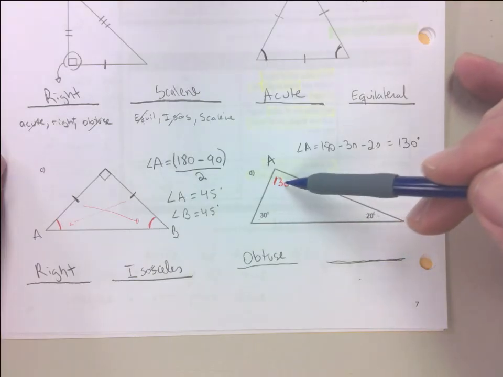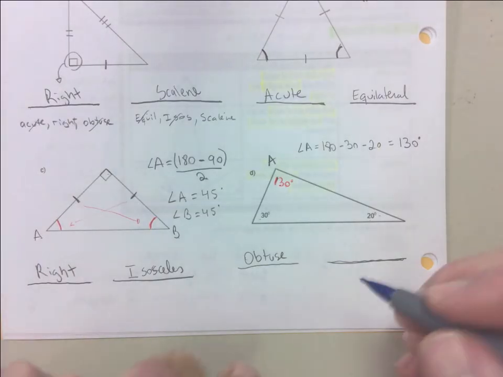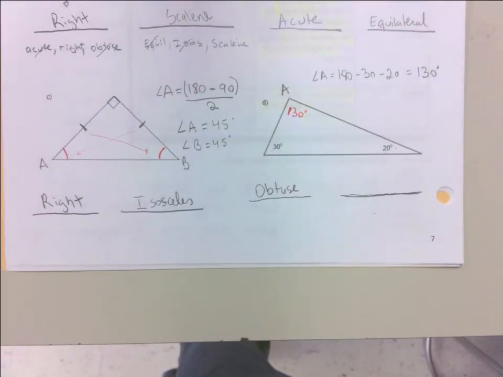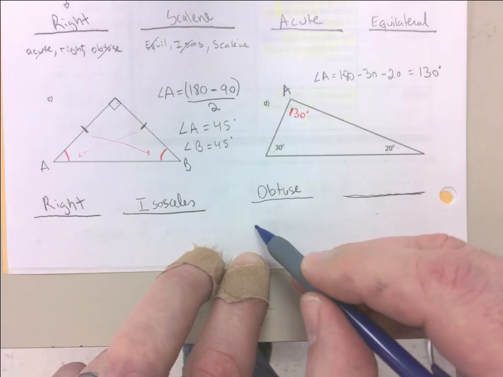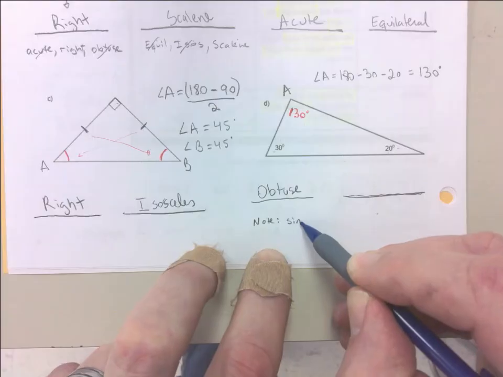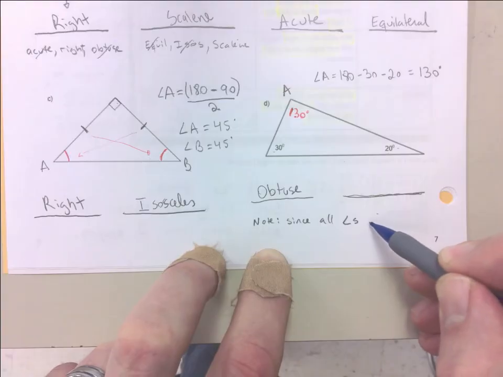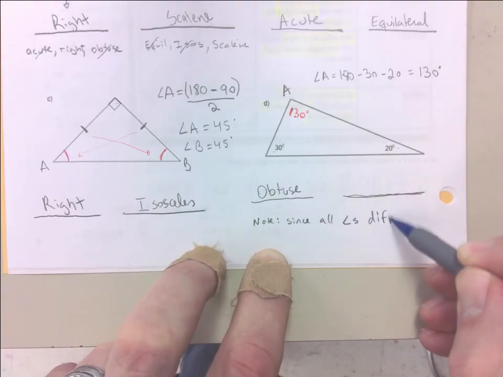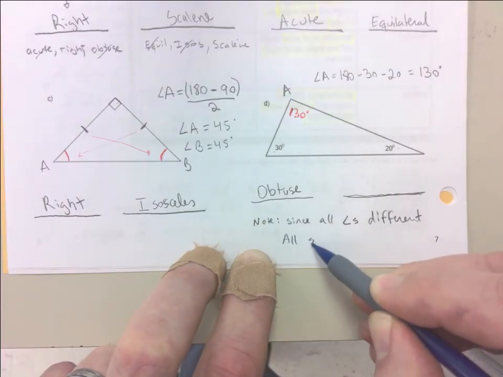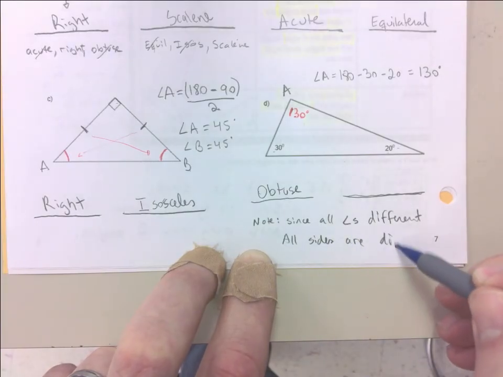That's why if you have all angle measures, you have everything you need to name this thing. Okay? Aren't you excited about that? I think I'm the only one, but that's okay. I will make a note. Note, since all angles are different, all sides are different.